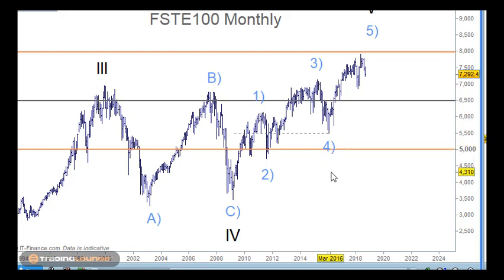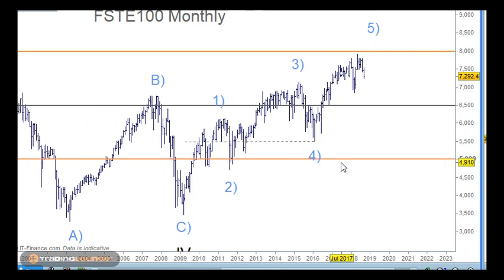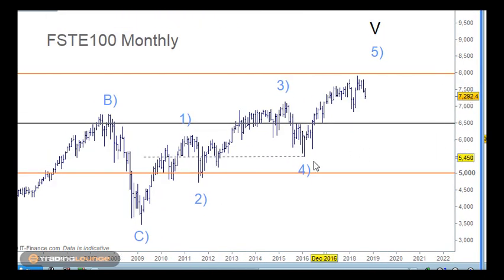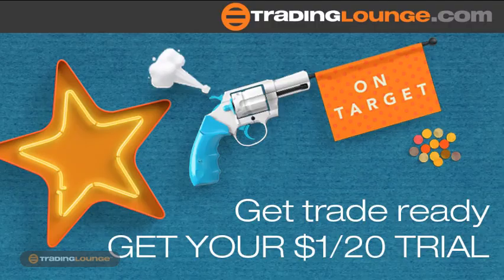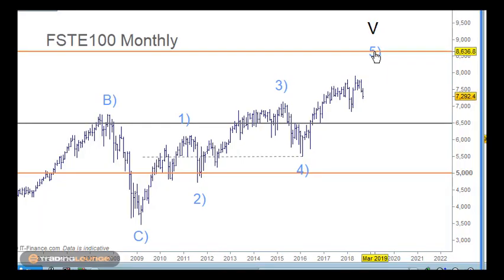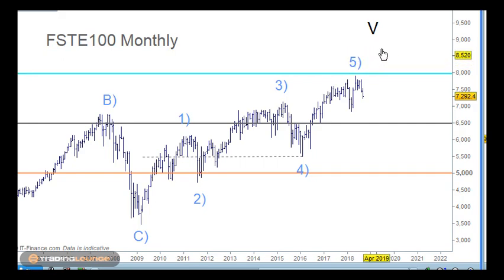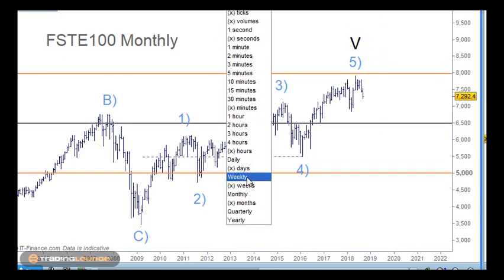But the other point here too is that from wave 4 here to wave 5 here, it's possible to count this as actually completed here as well. So having wave 5 sitting here, it's probably not the case. This is probably a wave 4 in here, but I do want to talk about it.